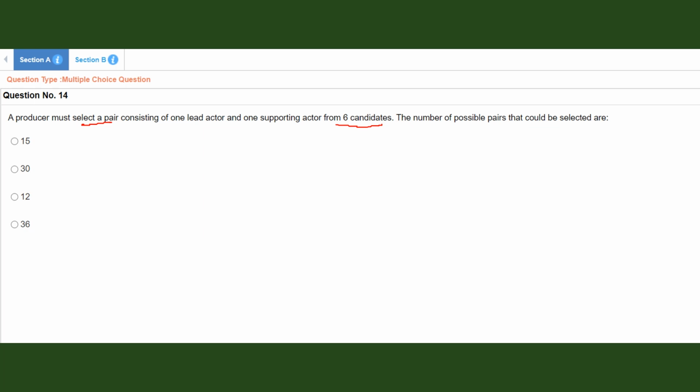So using the formula of combination, that is nCr, we will write 6C2. So that will be 6 factorial by (6 minus 2) factorial and 2 factorial.